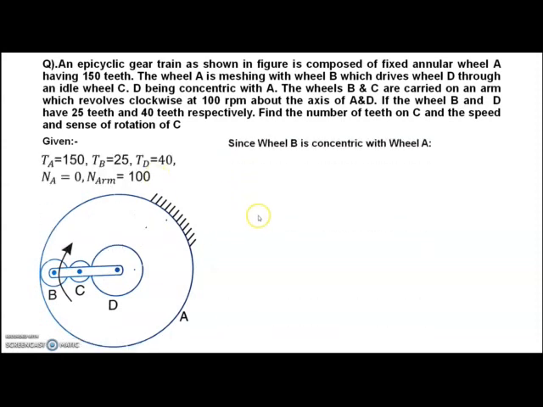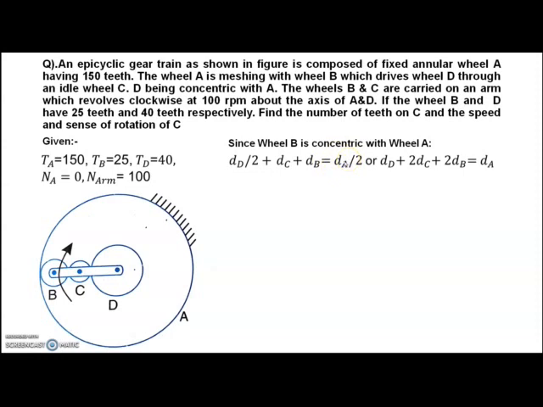As you know, D is concentric with A. It means the radius of D, this distance, plus diameter of C, this distance, and diameter of B, all these three together is equal to the radius of wheel A. So this is what we have written: dD by 2 plus dC plus dB is equal to dA by 2.